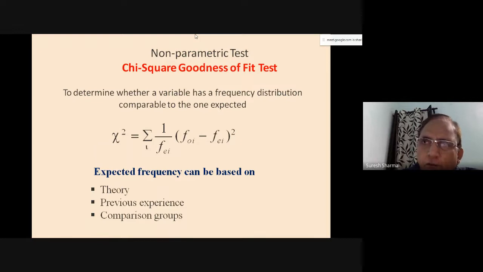What does this mean? 9 plus 3 is 12, plus 3 is 15, plus 1 is 16. Let's say I'm taking a sample of 1600. Mendel's law says that 900 will be of one type, 300 of the second type, 300 of the third type, and 100 of the fourth type. This is what Mendel's law says.